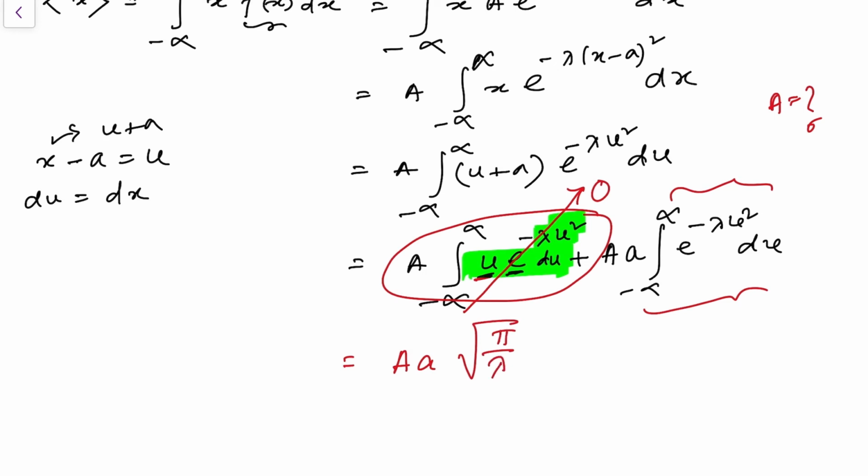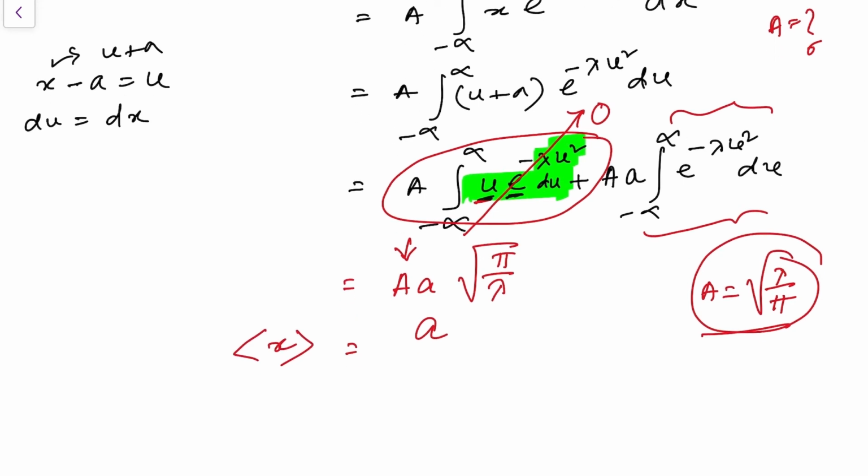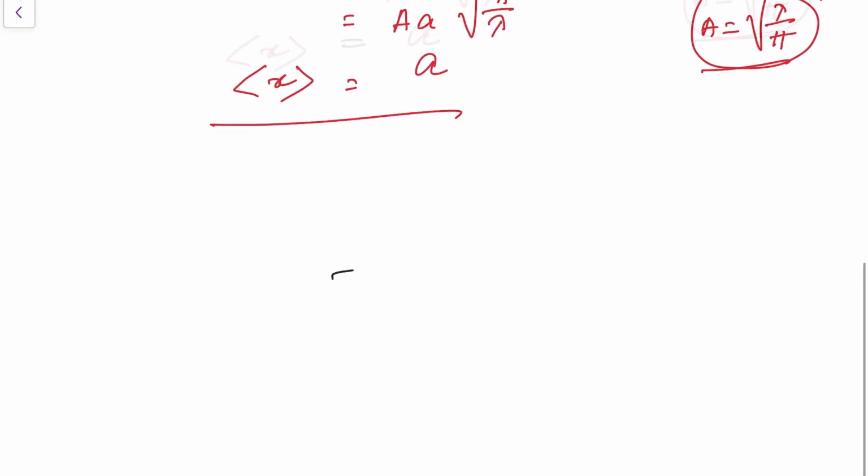Now the value of a was root over lambda by pi. If you put this value here, then you will get only a. So this is what we have got, the average, or in the case of quantum, it becomes the expectation value.